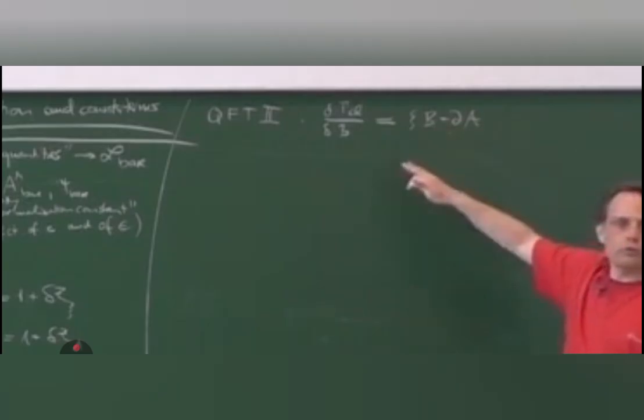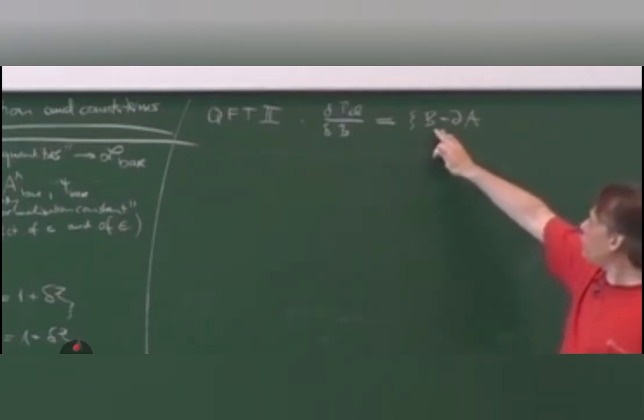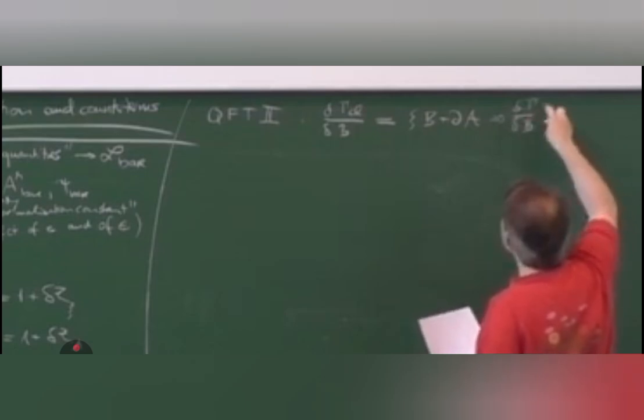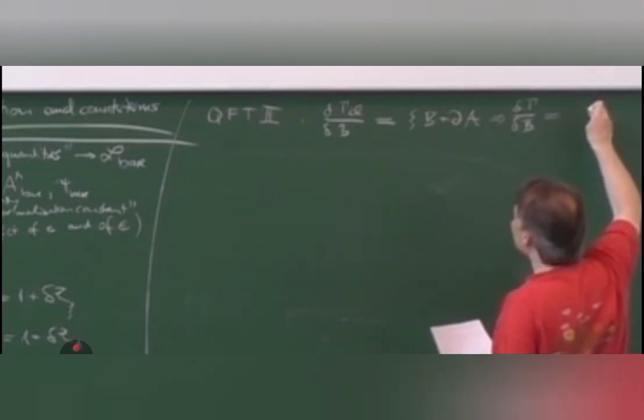Something non-trivial would go on if there were products, because products of expectation values behave non-trivially. Expectation values of products are not the same as products of expectation values. And so in this case, we proved that if it is linear, it immediately translates to an all-order expression where the effective action has the same functional derivative as the classical action.